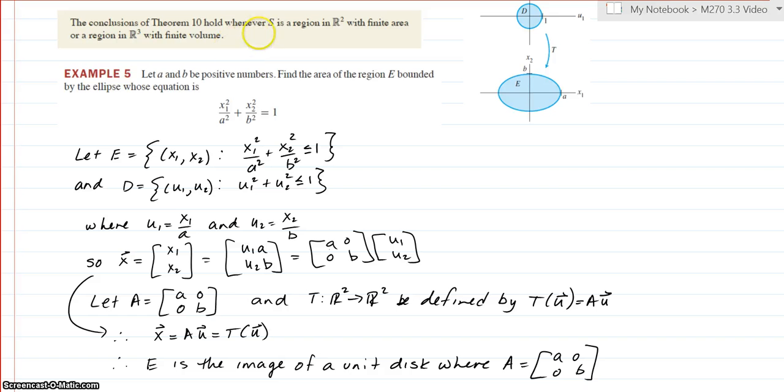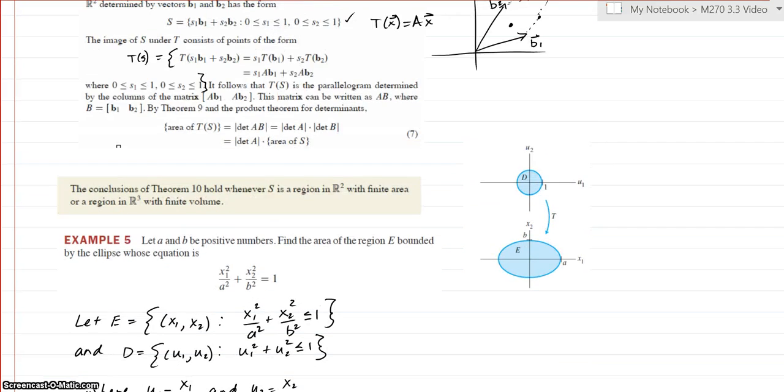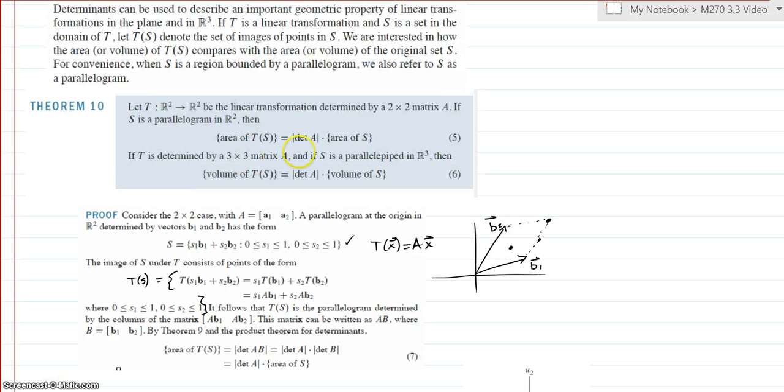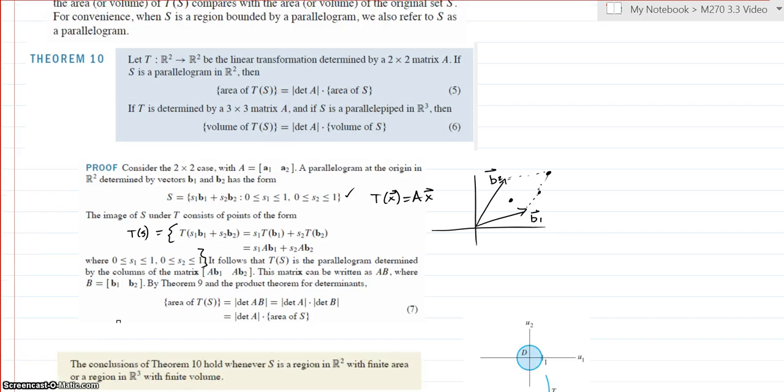So it says it holds whenever S is a region in R2. And what does this theorem say? It says if T is a linear transformation determined by a 2 by 2 matrix, and S is any region now in R2, this will still hold. So let's write that.